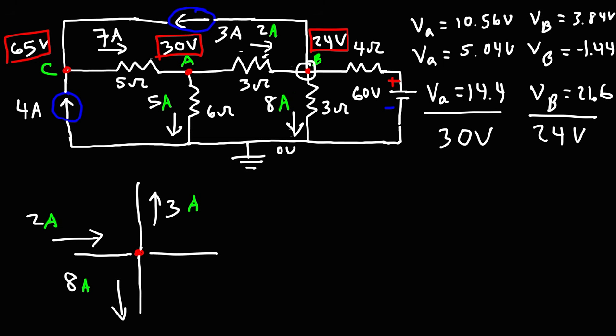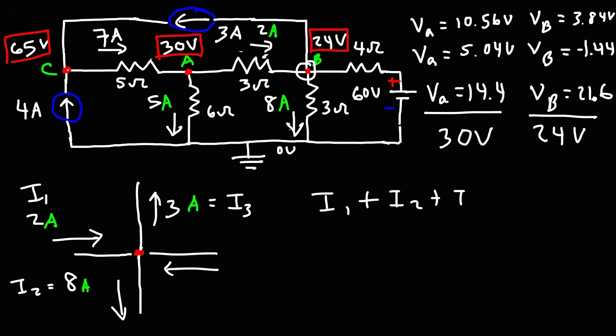What is the current that is flowing from the battery through the 4 ohm resistor? Let's call these I1, I2, I3, and I4.